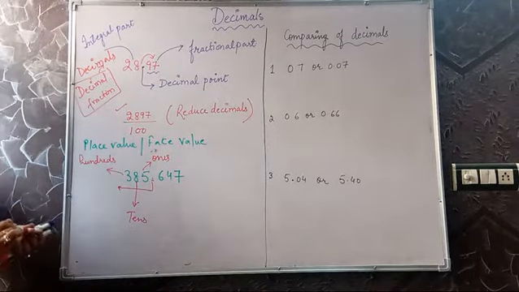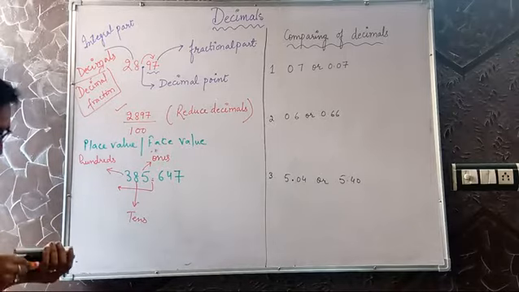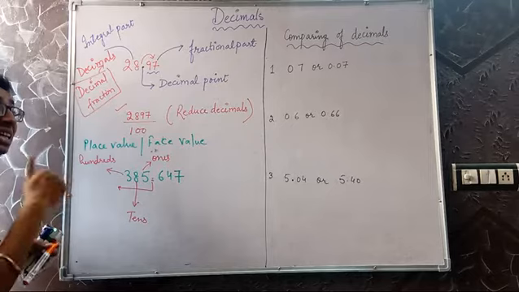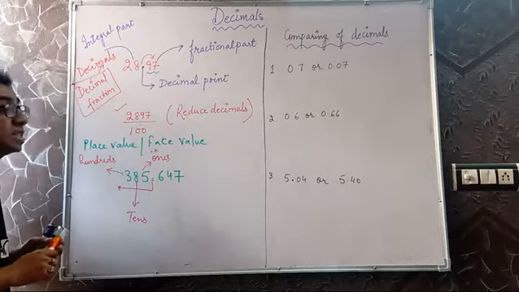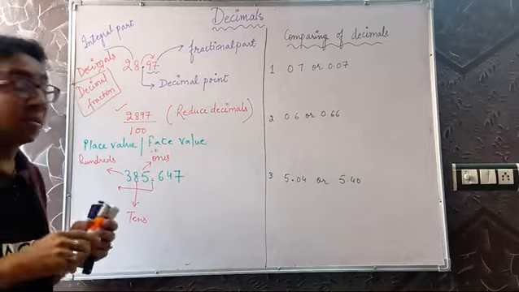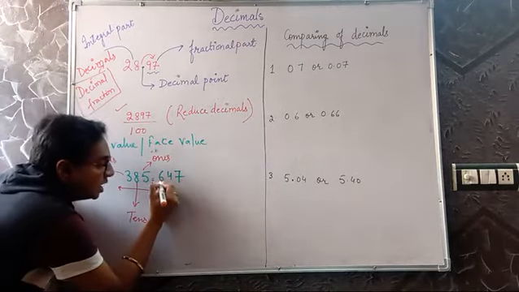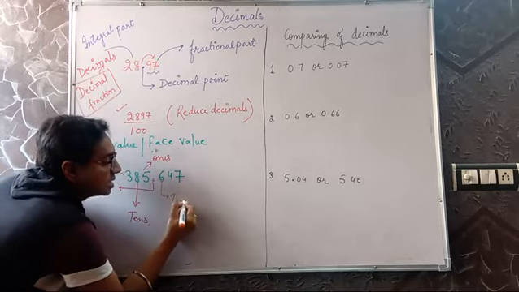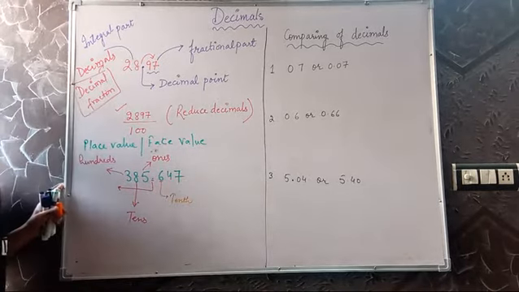Clear? Now, if I talk about the right of the decimal, it is completely different. We never say ones, tens, hundreds like this. No. The next place is defined as the tenths place.